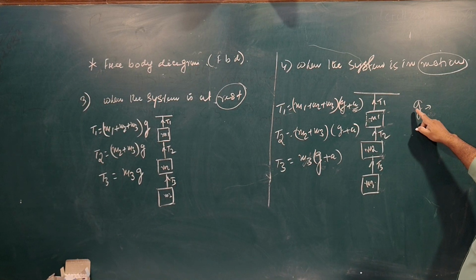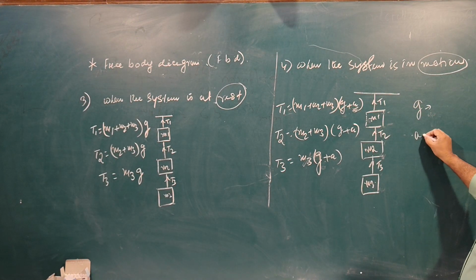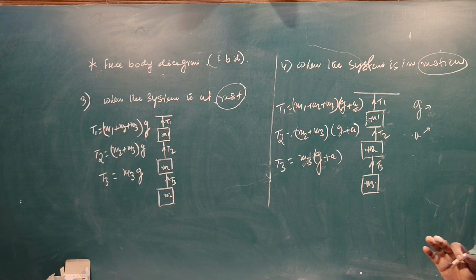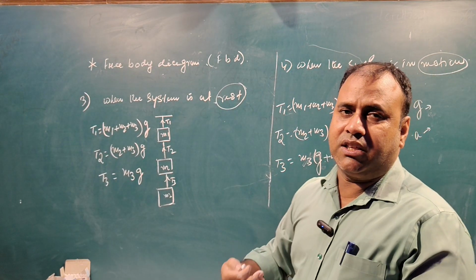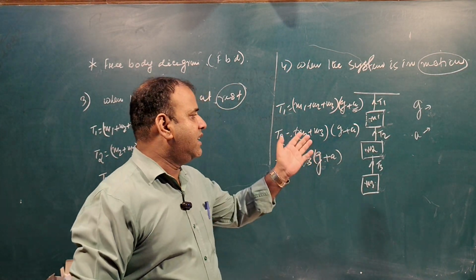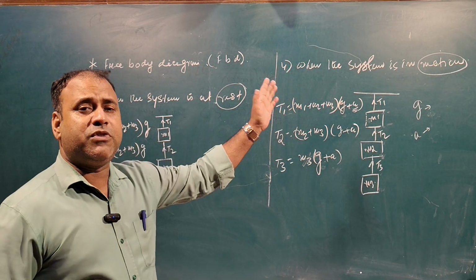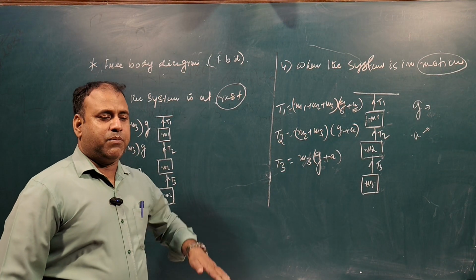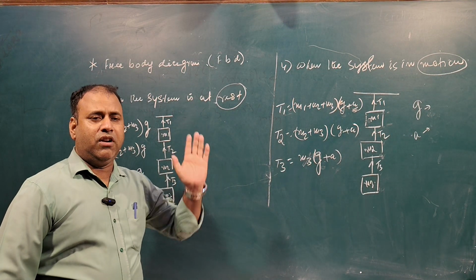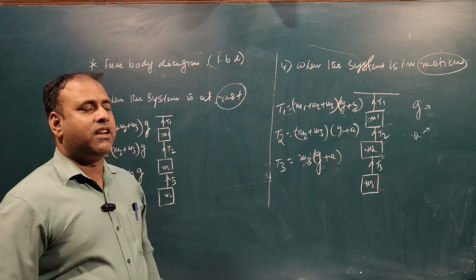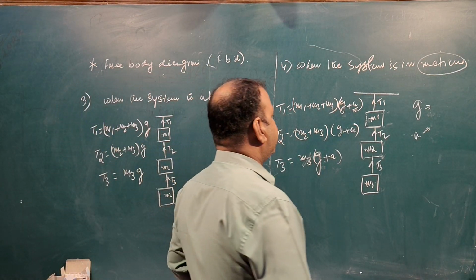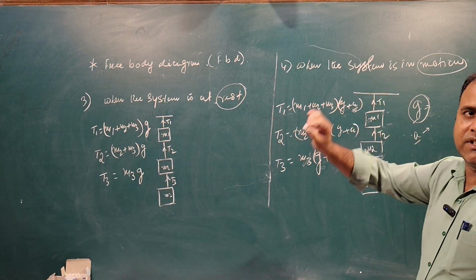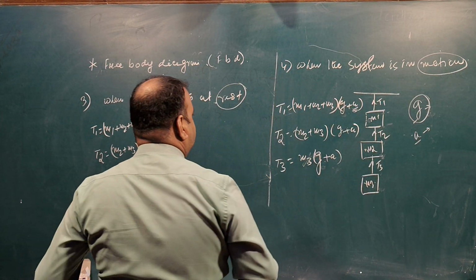Small g means acceleration due to gravity, and a means acceleration of the particle along the horizontal direction. If the particle is going in the forward direction and coming in the backward direction, you can consider this a linear acceleration. But in case of small g, you always remember this is acceleration due to gravity. That means it is going in the upward direction or vertically downward direction.